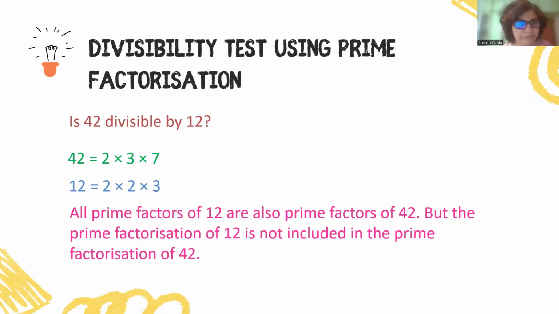So the prime factorization of 12 is not included in the prime factorization of 42. Why? Because there is one extra 2 in 12, but 42 has only one 2. So 42 does not include all the prime factors of 12.